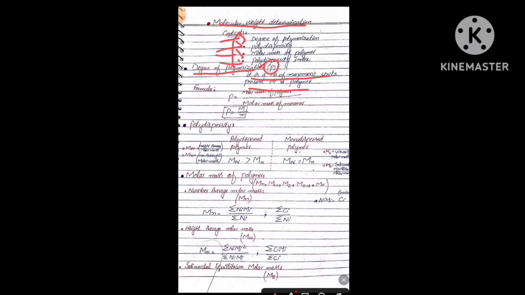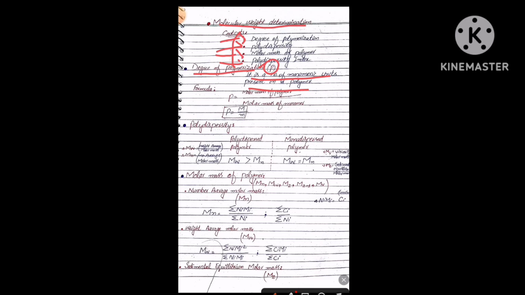What does it mean, students? It means that if a high molecular weight polymer is present, the number of monomeric units which are present repeatedly in that polymer is said to be the degree of polymerization.